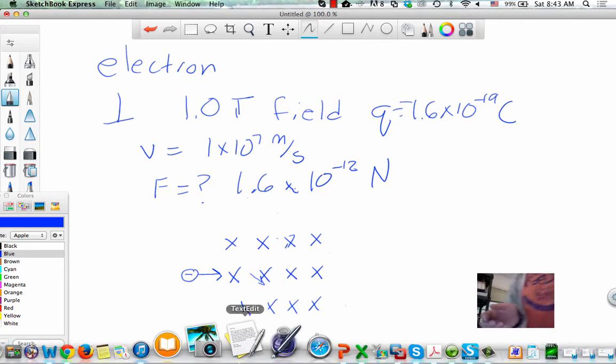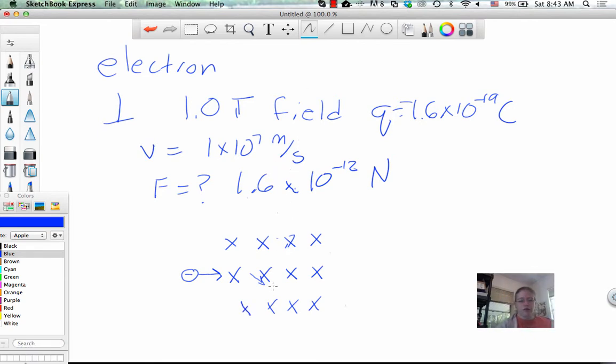Put your fingers in the direction of the velocity, then curl in, and your thumb points kind of northeast, but it's an electron, so it points southwest. So it'll feel a force pushing it this way.